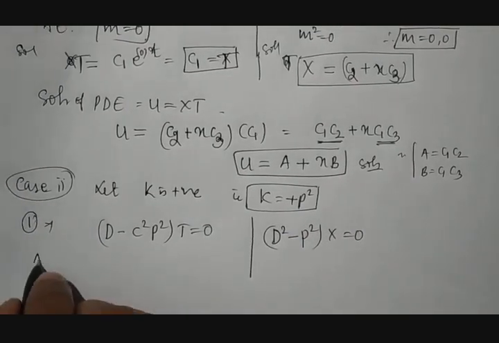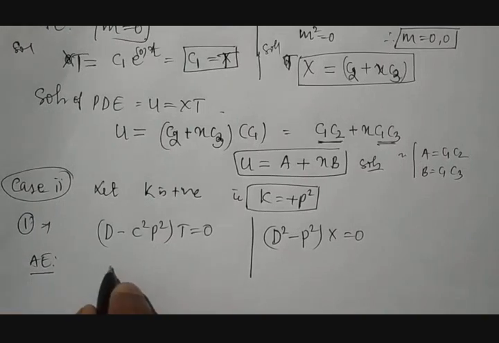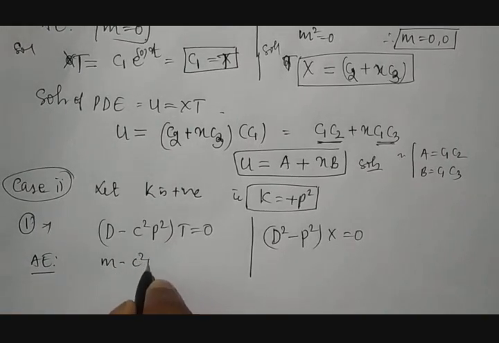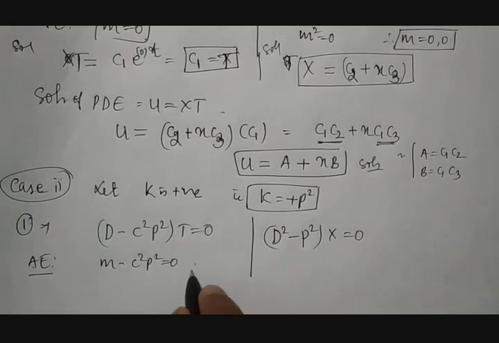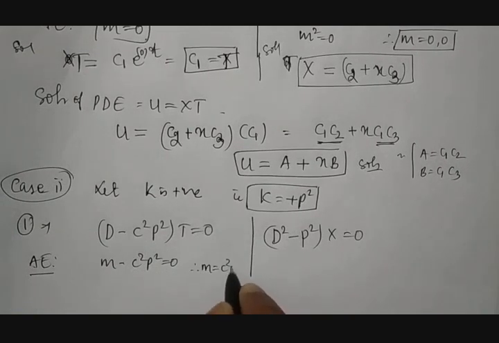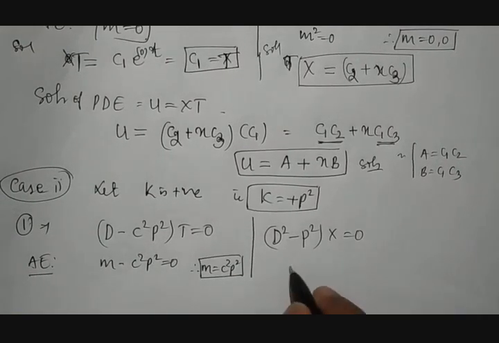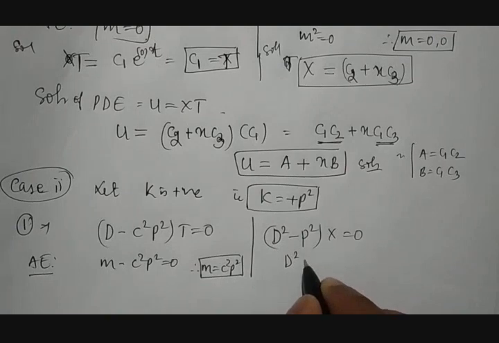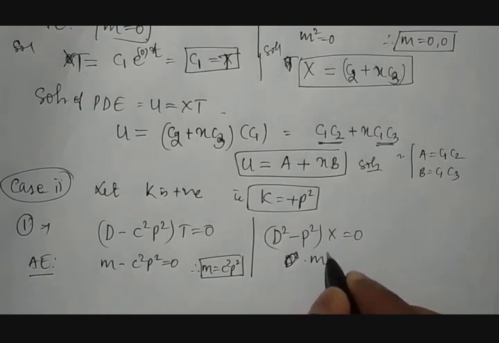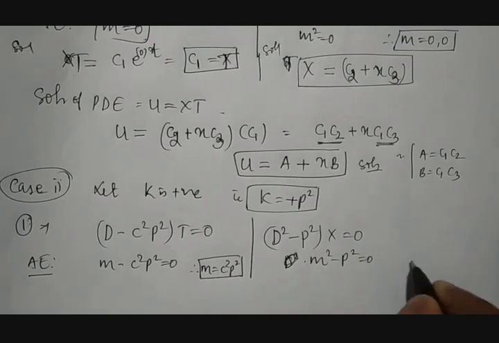Therefore again, if you take the auxiliary equation, it will be M minus C square P square equal to 0. Therefore M is equal to C square P square. And here, for D square, the auxiliary equation will be M square minus P square equal to 0.